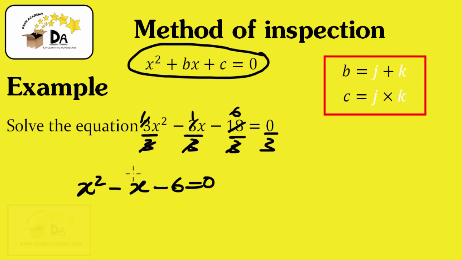And just to ensure this equation matches exactly this form, we're going to introduce plus signs before the minus signs. This is exactly the same as this equation. So this is the equation we have, which satisfies the form for the application of the method of inspection.